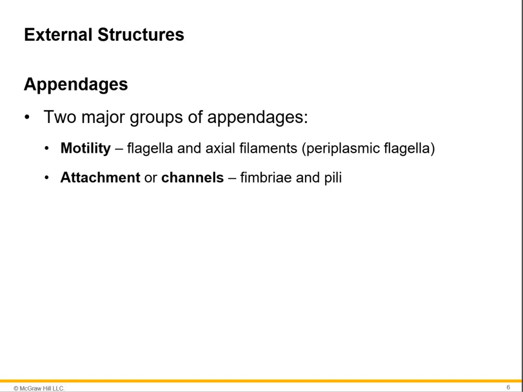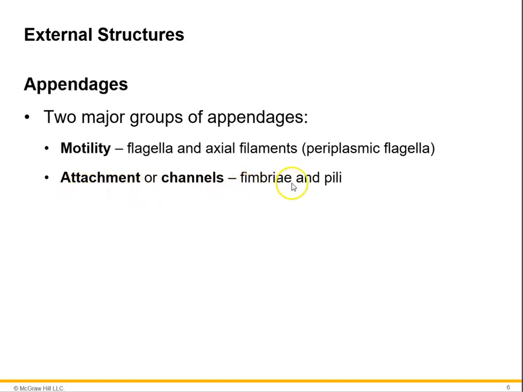So the first thing we'll talk about is appendages. And there are two major groups of appendages. There's appendages that help the organism move. That's going to be the flagellum and the periplasmic flagellum, plural flagella. This is also known as the axial filament. And then there's appendages used in attachment.